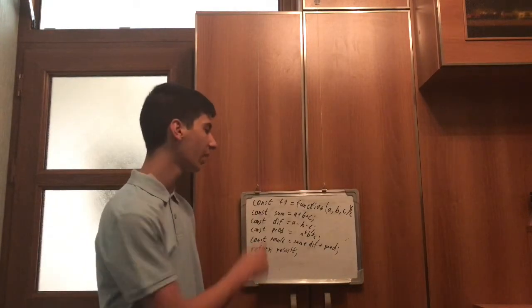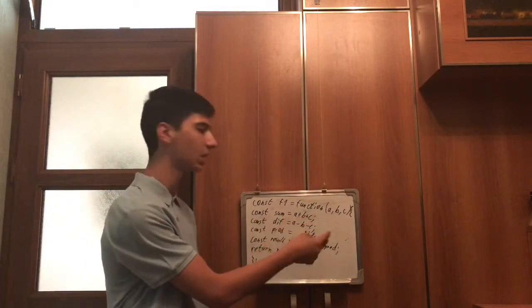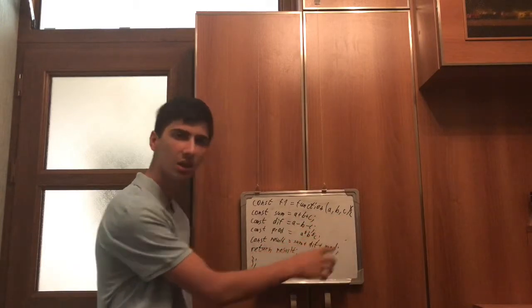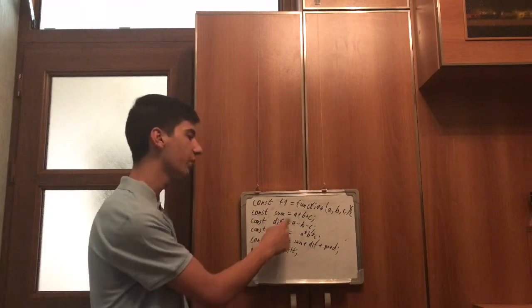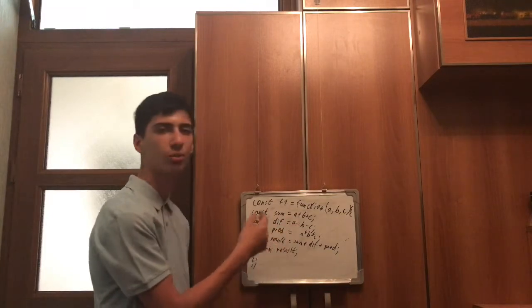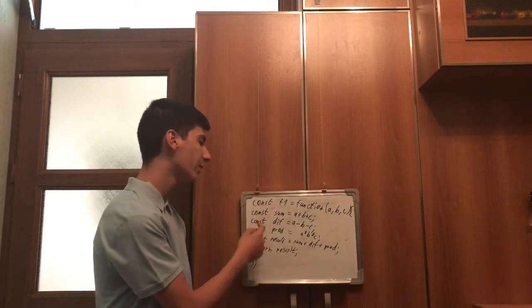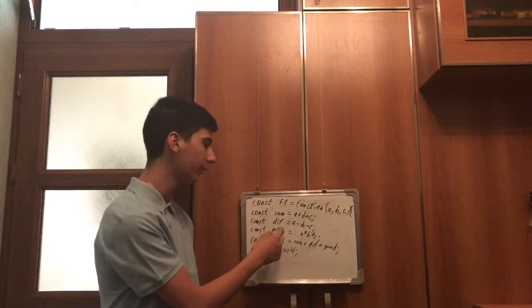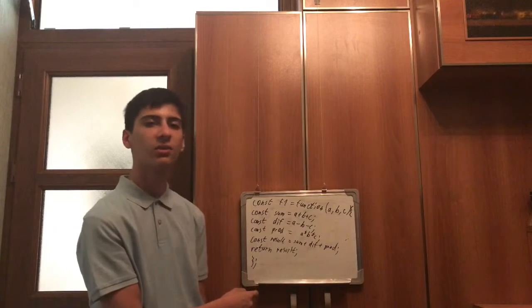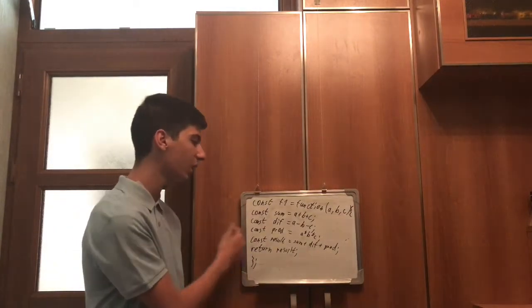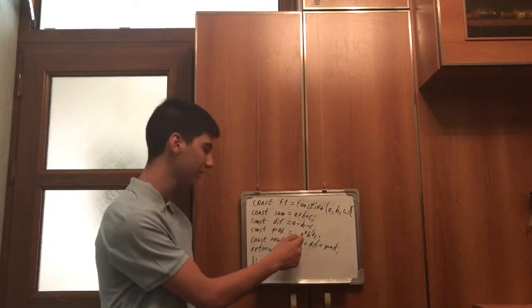So our variable f1 is a function with three inputs, a, b and c. Inside the function we have a variable sum, which is a plus b plus c, our three inputs. The next variable is diff, the difference of these three variables. The next variable is prod, the product of these three variables.